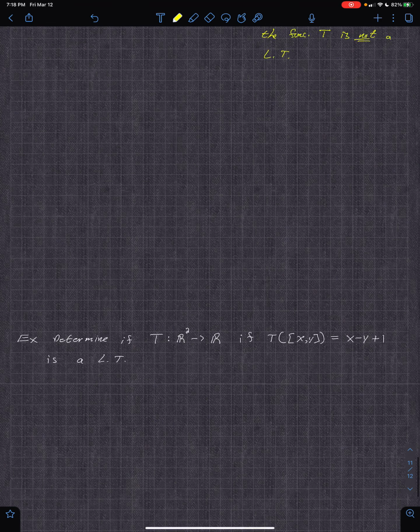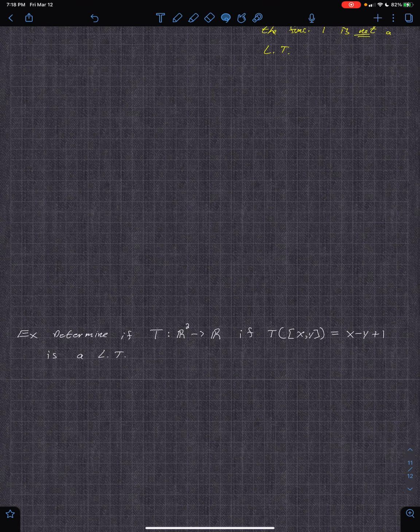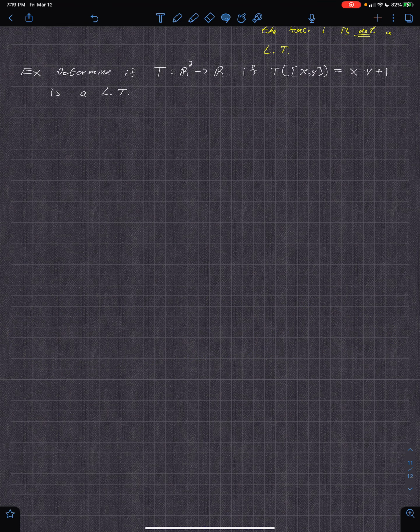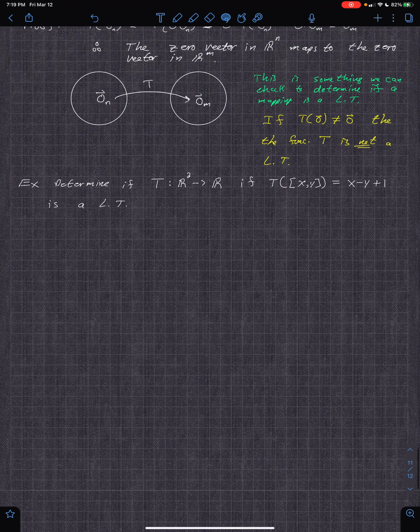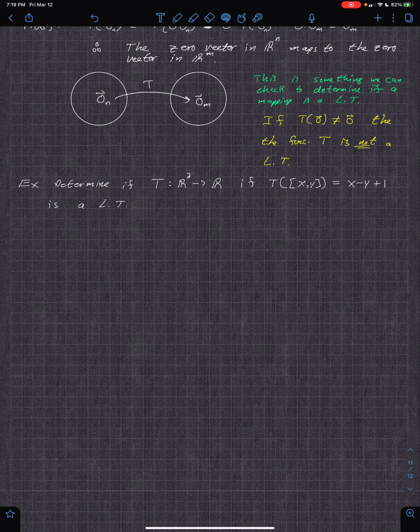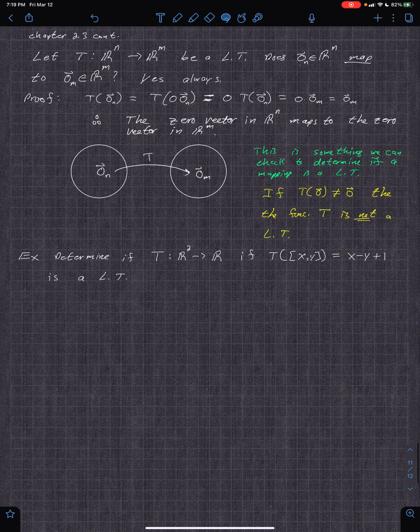Okay, here's another example. Let's determine if this is a linear transformation. And then we'll do another example for matrices and stuff. So for this one, just wanted to hit one more for what we did above.